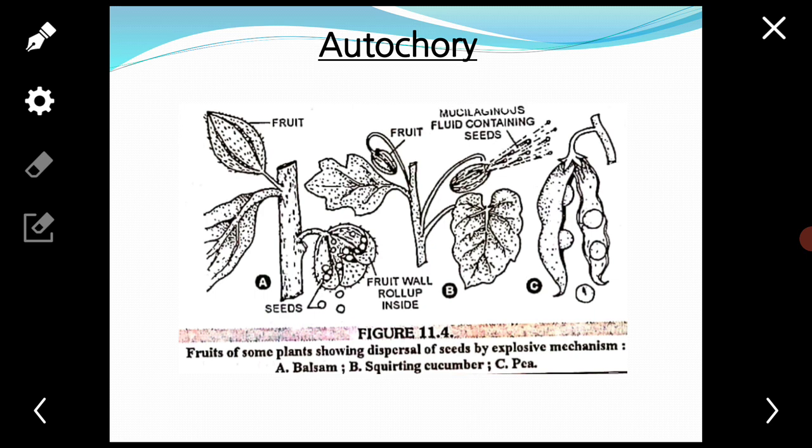There are some examples: dry pods of leguminous plants, example pea, bean, etc., break into two valves and which twist spirally to throw the seeds to long distances.